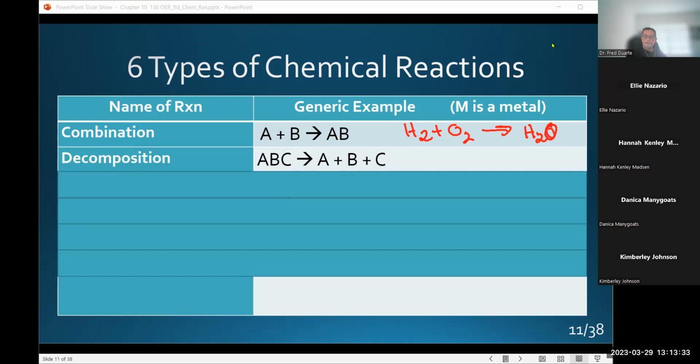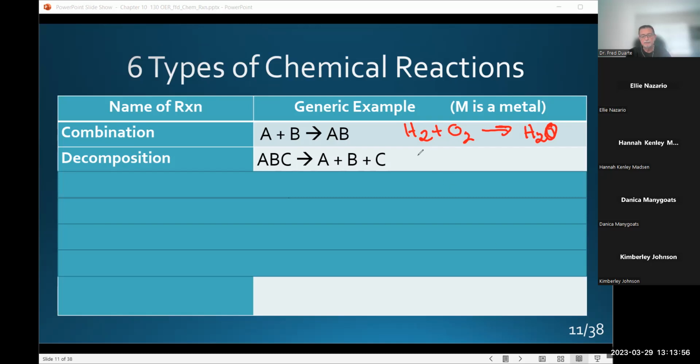A decomposition reaction is the opposite of the combination. A compound undergoes a decomposition. It breaks down to the elements. A good example of this would be water again, where we can take water and undergo electrolysis.